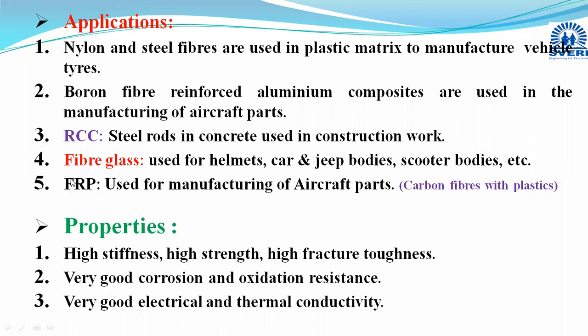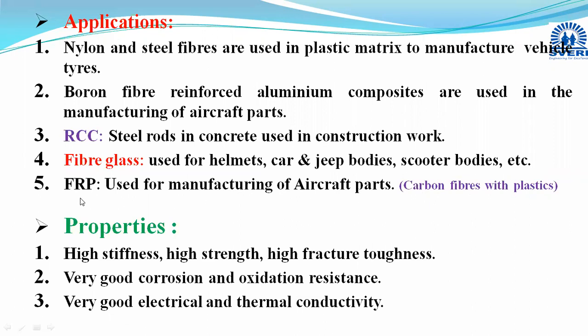Then FRP, fiber reinforced plastic. In a plastic matrix, we are introducing carbon fibers. These are termed as fiber reinforced plastic materials, and they are lighter in weight due to the plastic matrix, and they will also have high tensile strength due to the presence of carbon fibers.